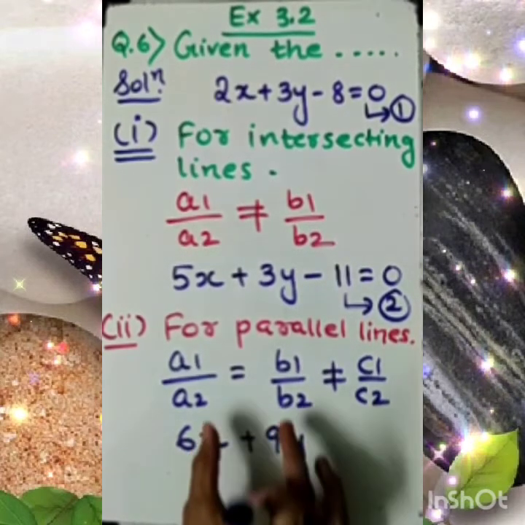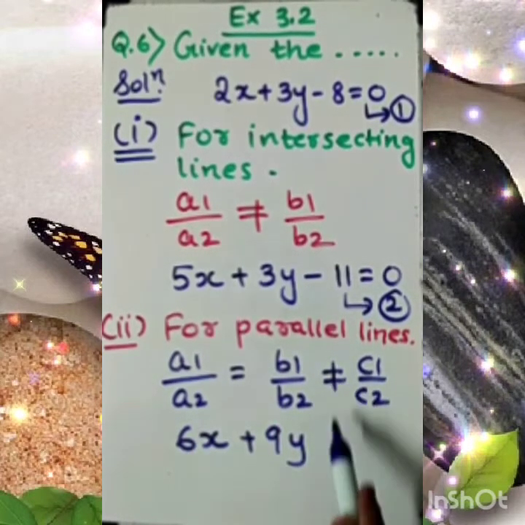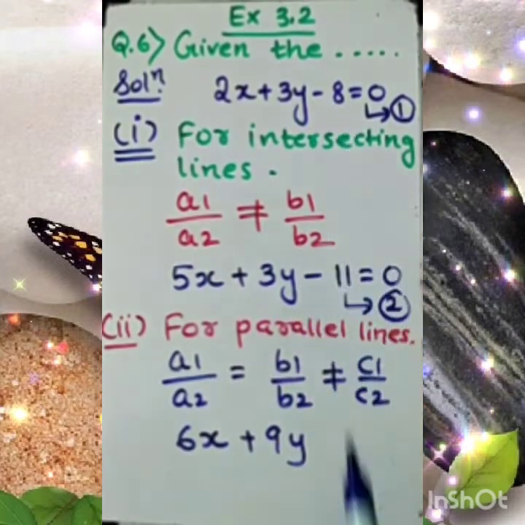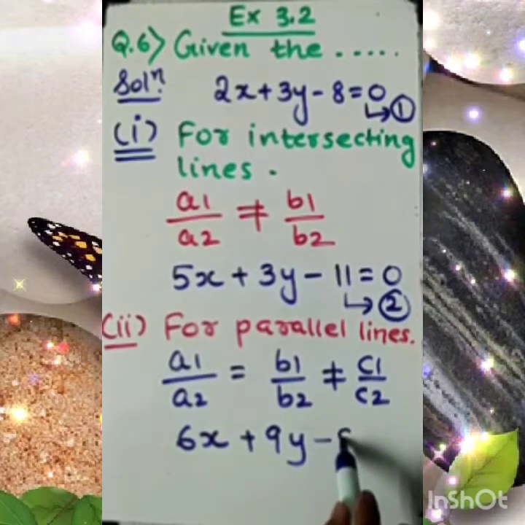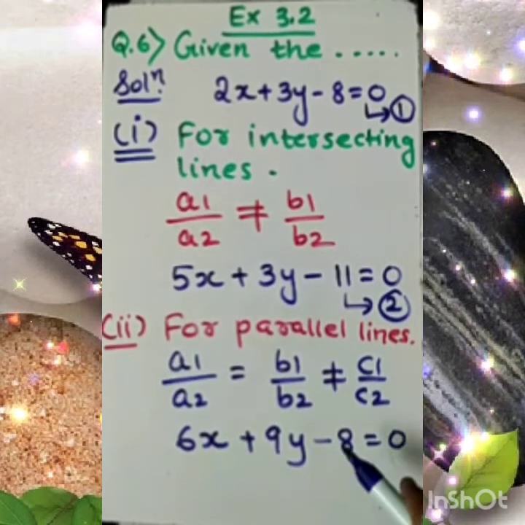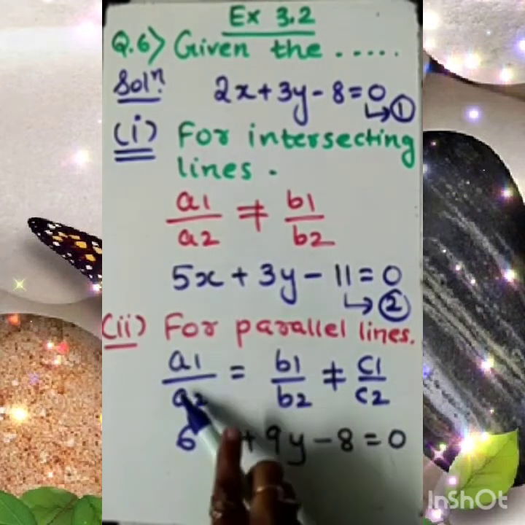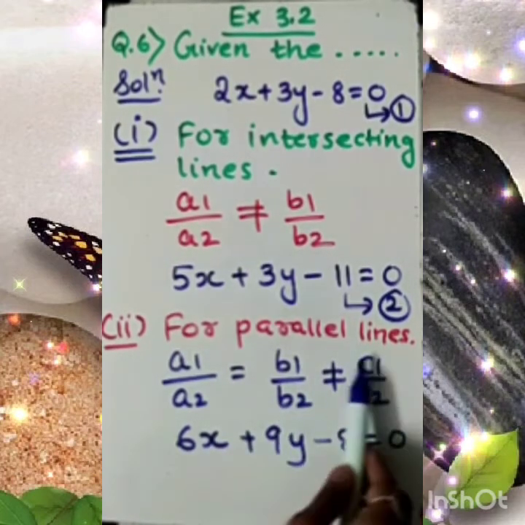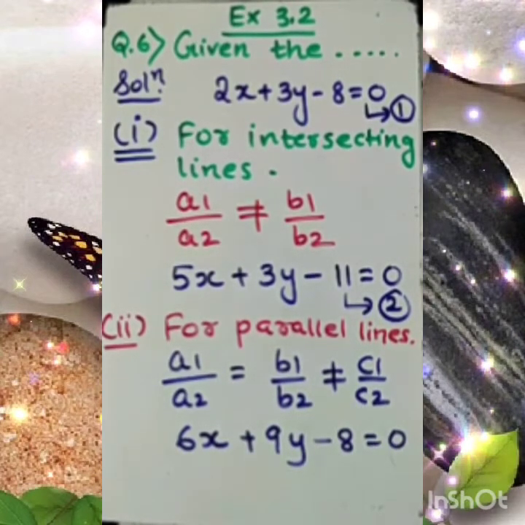So these two ratios are similar. And for the last ratio, it is not necessary they be similar. So simply here, suppose I choose -8 again. Then also nothing to worry about, because -8 divided by -8 is 1 by 1, means 1. That is not equal to 1 by 3, because here the ratio is 1 by 3, here 1 by 3, and here it is 1.